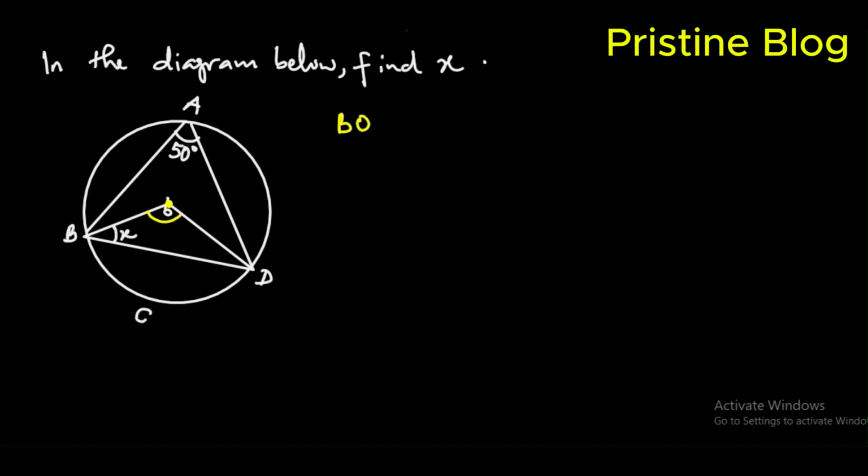Another question. In the diagram below, find x. To get our x, we can get BOD. BOD is equal to 2 times 50 degrees. The angle which arc BD subtends at the center, that's BOD, is twice the angle the arc BD subtends at the circumference, which is 50 in this instance.